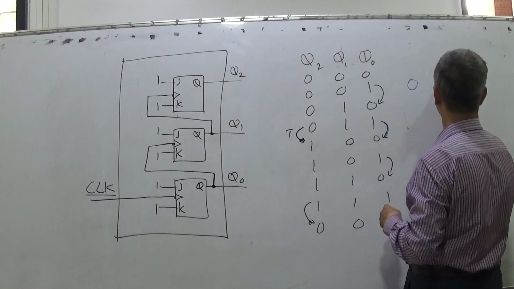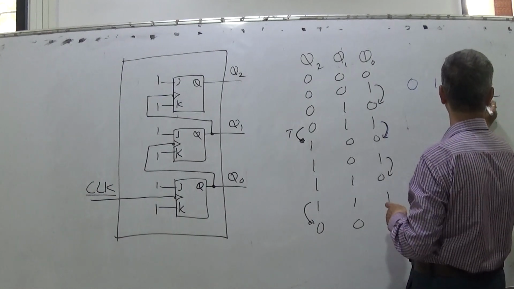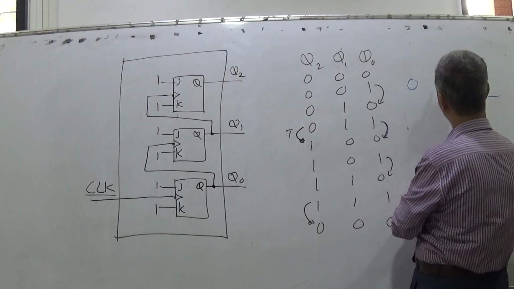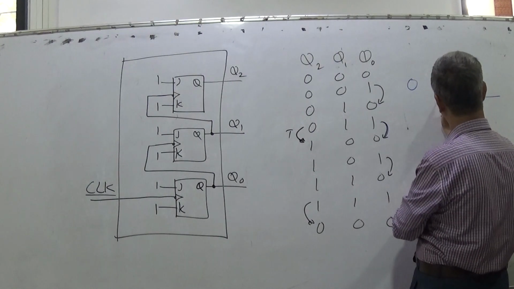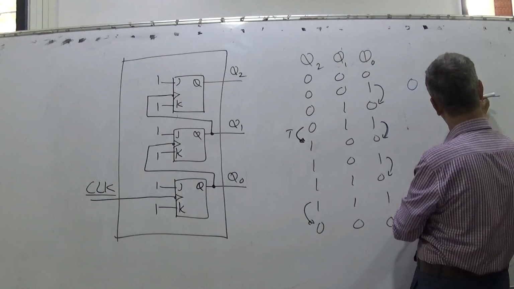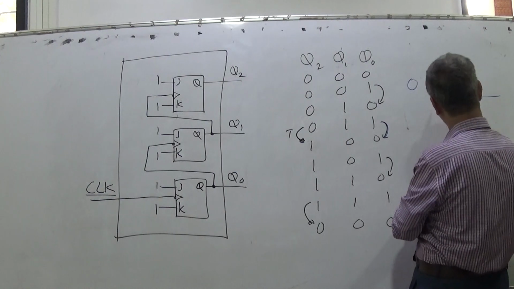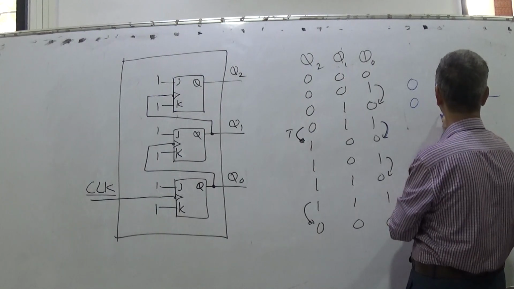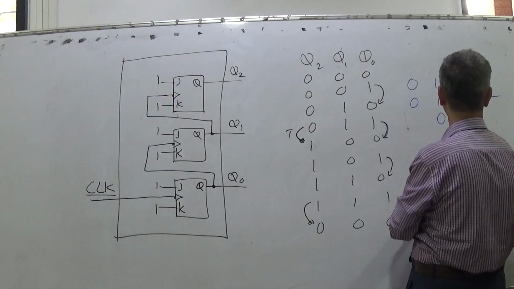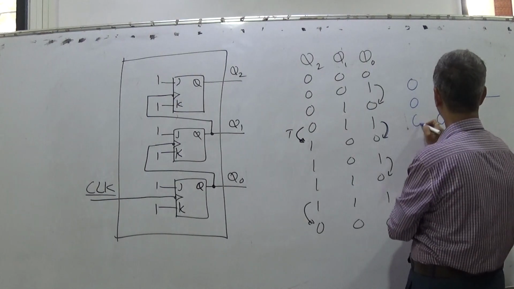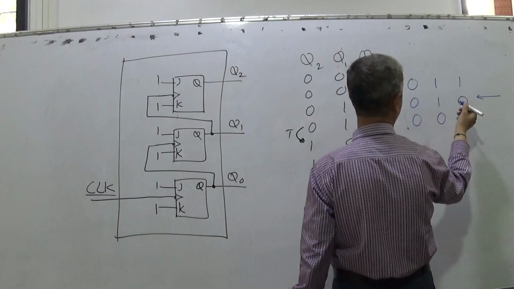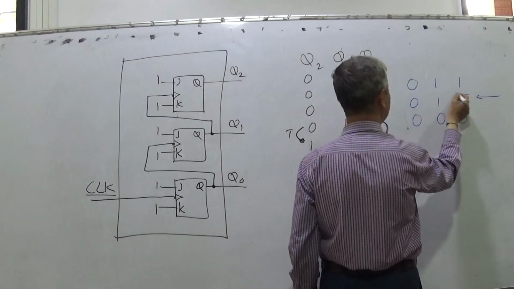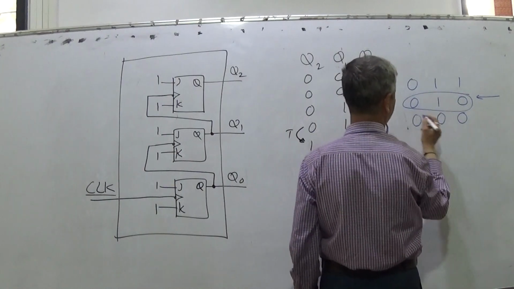the state was 0 1 1. Now the clock comes. When the clock comes, this becomes 0. When this becomes 0, this is expected to become 0. But when the clock comes, this has become 0. This will make this change. So there will be some time for which this continues, and then this will become 0. So this is very short-lived.